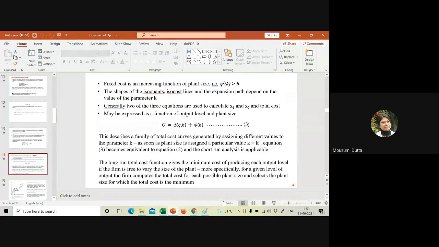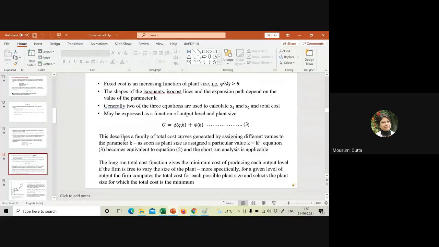This describes a family of total cost curves generated by assigning different values to parameter K. As soon as plant size is assigned a particular value, K equal to K naught, equation 3 becomes equivalent to equation 2 and the short run analysis is applicable.